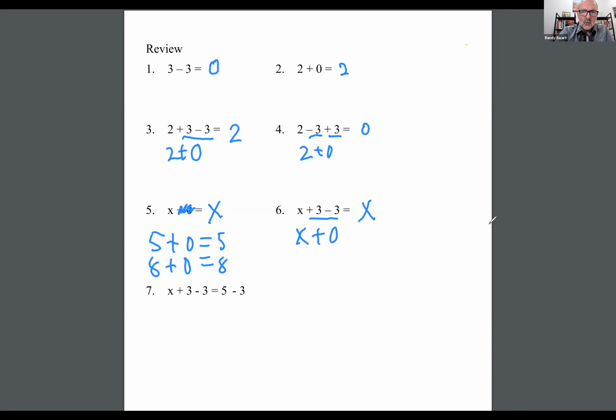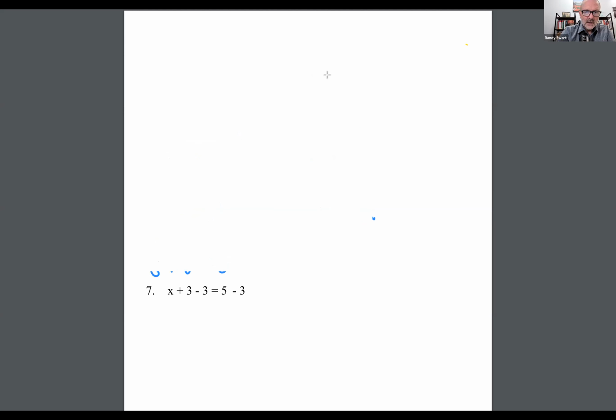And so what you're going to see in the next video is something like this, where you have an equation and we have a -3 and a -3, but let's see what happens with those. I have 3 minus 3, that's 0. x plus 0, that's what I have left.